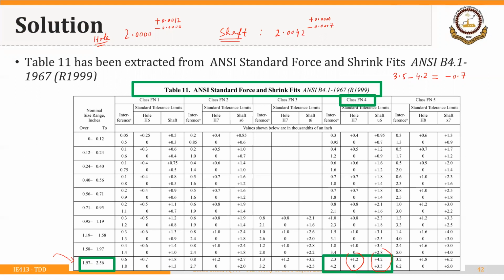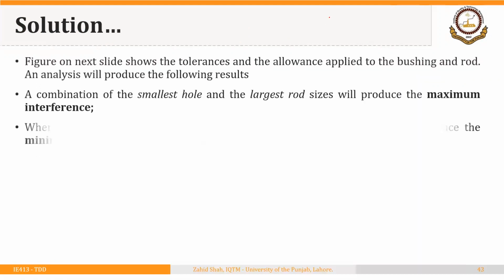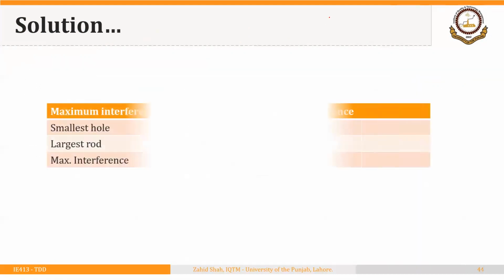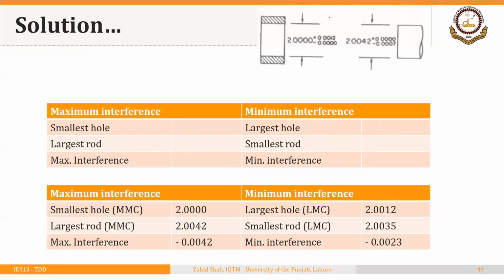Now we will make an analysis. So this is the drawing, showing the size of the hole and the size of the shaft. The smallest hole that we can achieve will be equal to the lower limit of the hole, so that will be 2.